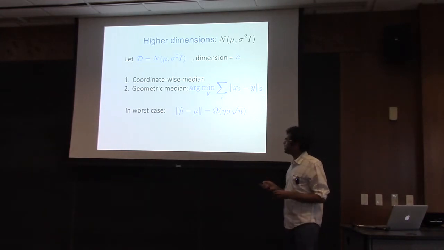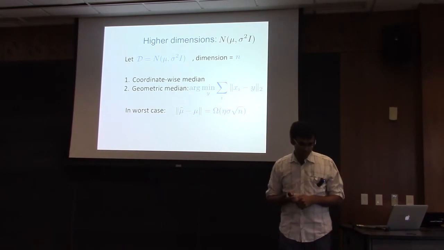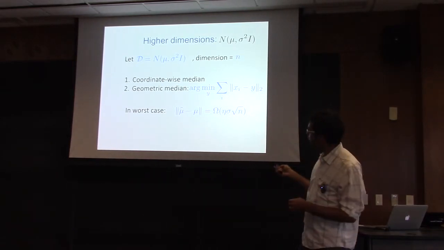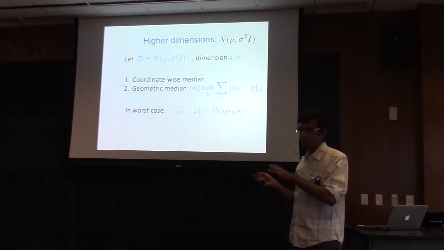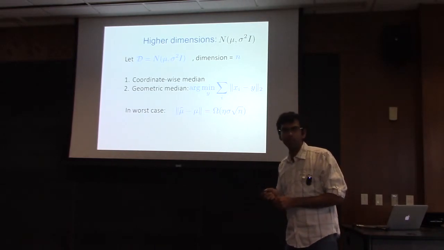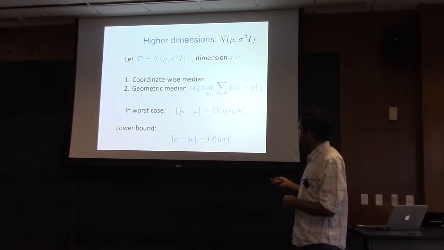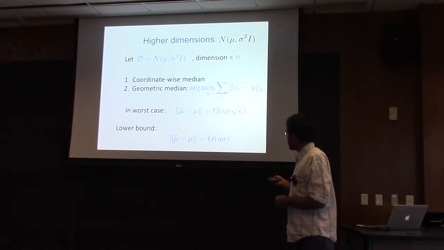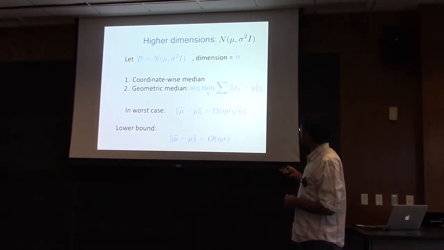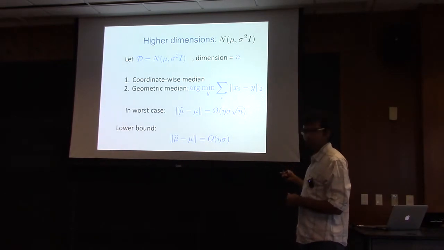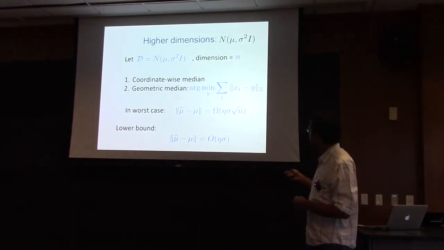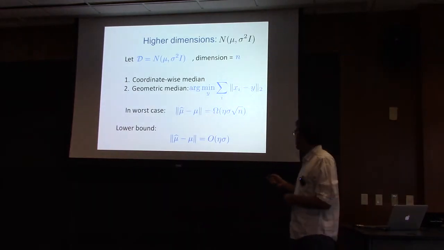And pretty much this was almost the state of the art for robust statistics in terms of computationally feasible methods. Just to recall, ideally the lower bound has no square root n and no dimensional dependence.